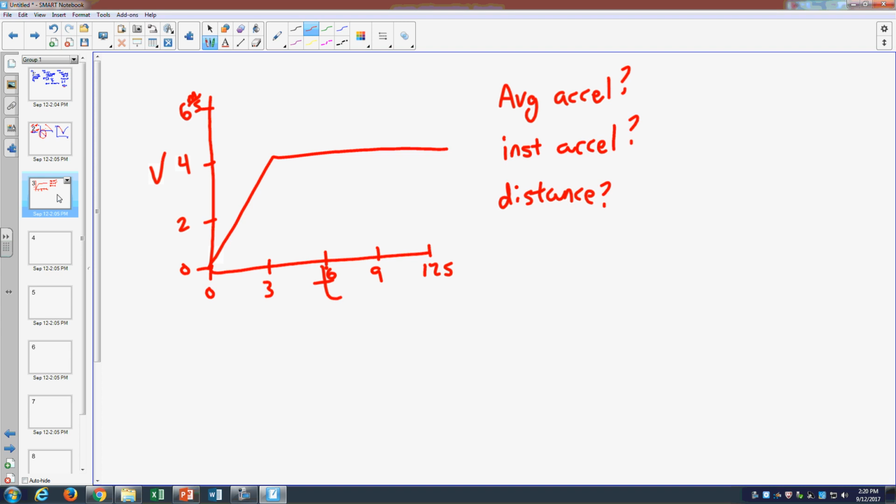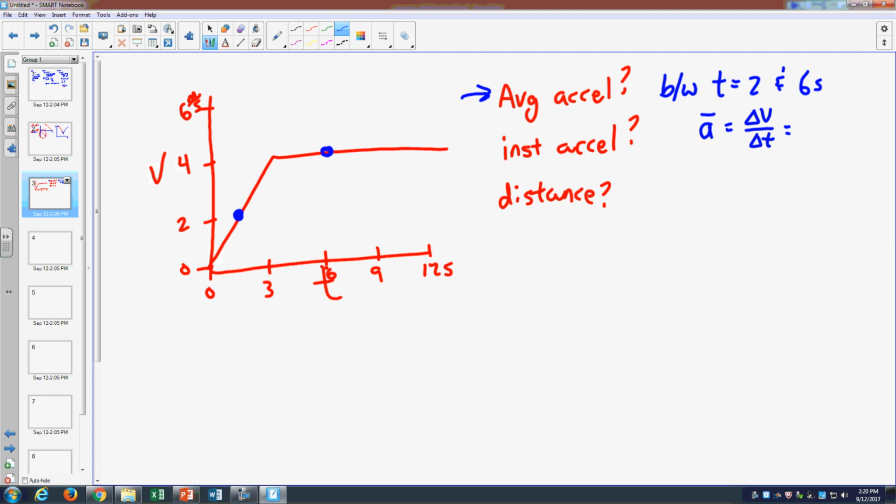So if I ask you for the average acceleration, I would give you a time, say between t equal 2 and t equal 6 seconds, for example. In that case, you would say average acceleration is delta v over delta t between t equal 2 and t equal 6 seconds.